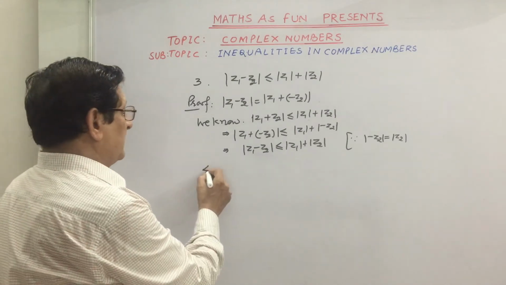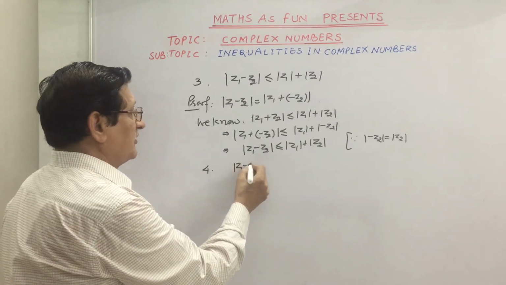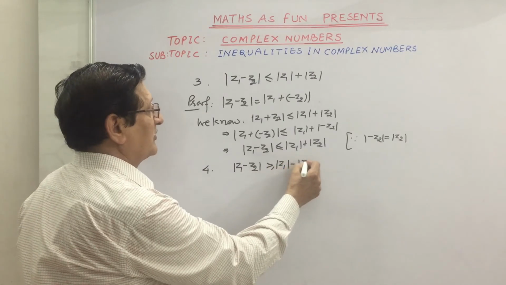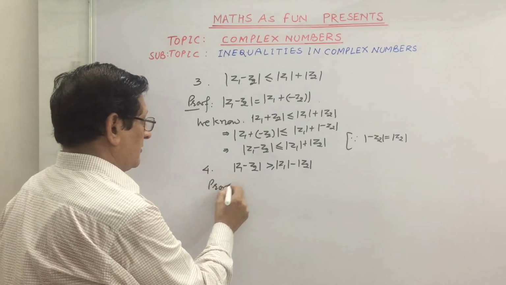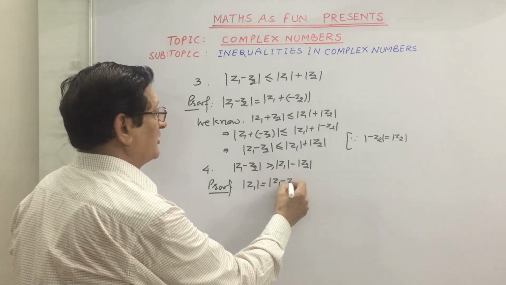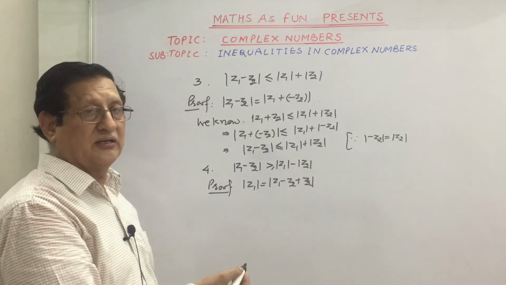Let's see the fourth inequality, that is modulus of z1 minus z2 is greater than or equal to modulus of z1 minus modulus of z2. For the proof of it, we can write modulus of z1 as modulus of z1 minus z2 plus z2. We have subtracted and added z2 in this.